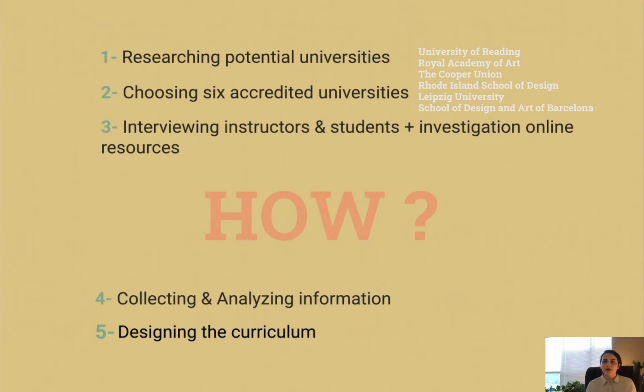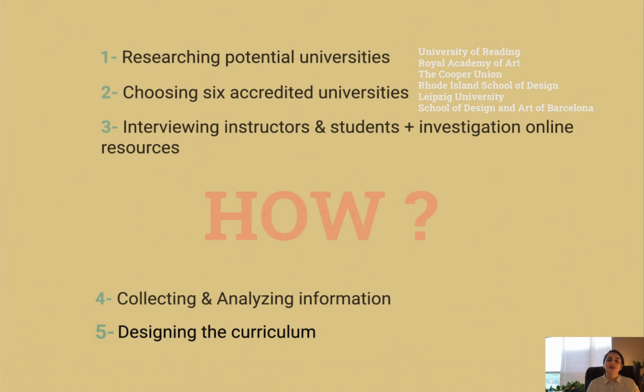Let's talk a little bit about how I did this research. So first of all, I researched all potential universities around the world that taught type design as an individual major or as a small part of graphic design major.